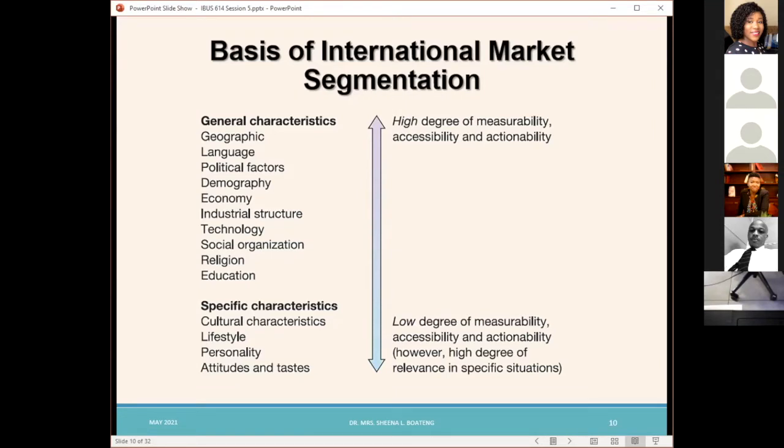I don't think I quite get the question, because if you're looking at lifestyle, I think depending on what you want to sell, you could do some analysis on their lifestyle. So I don't see why you would say it's low. Yes, but low even regardless of which product you were selling, right?